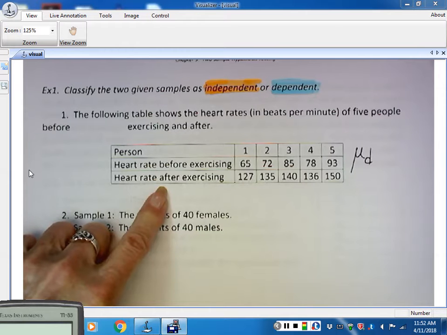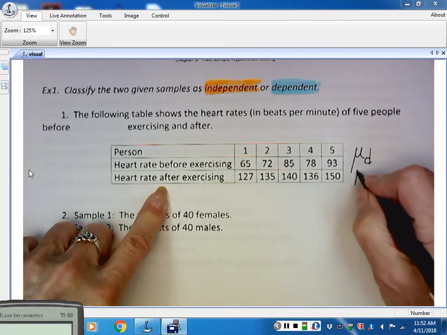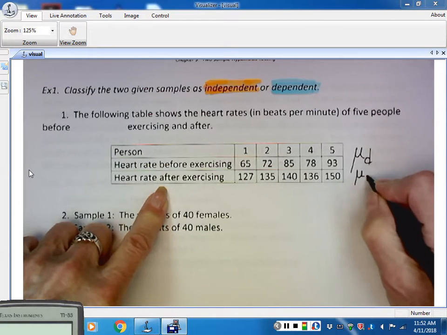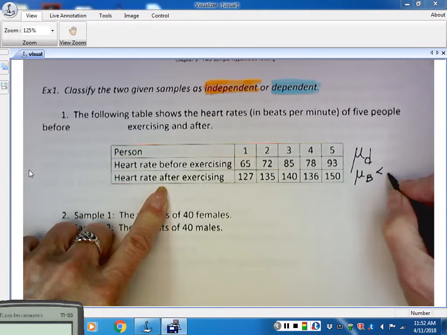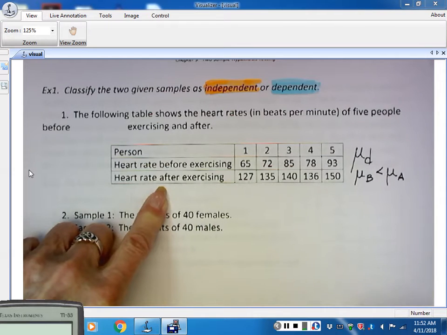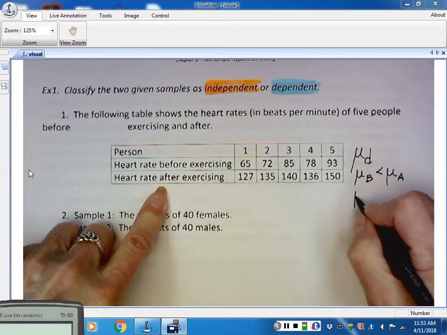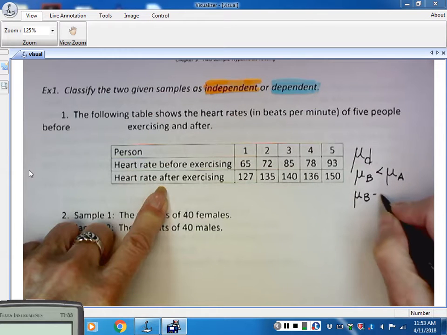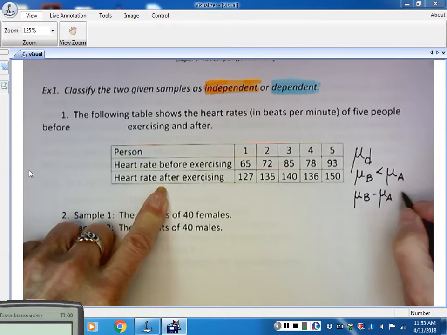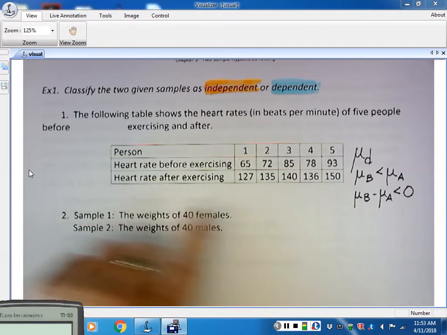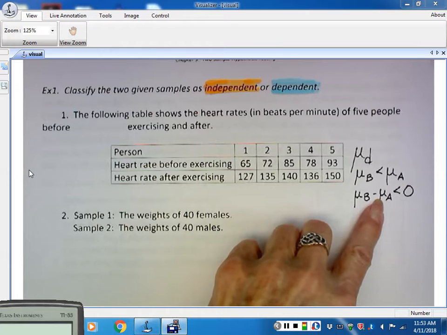So you think basically that the mean of their before is less than the mean of their after, which means what you actually think is that the difference is going to be negative. If this is smaller and this is bigger, that's going to be a negative difference.